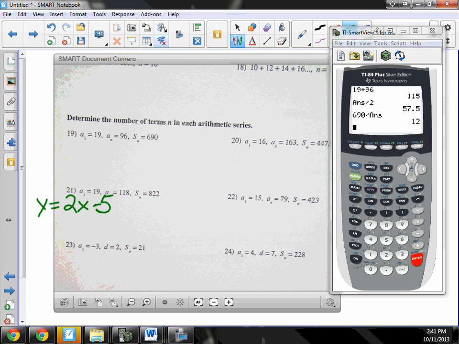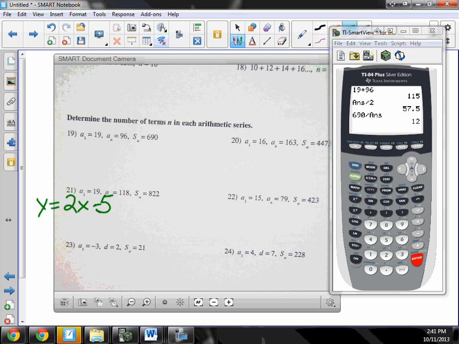Okay, how does that help? Plug in the x. Which x?